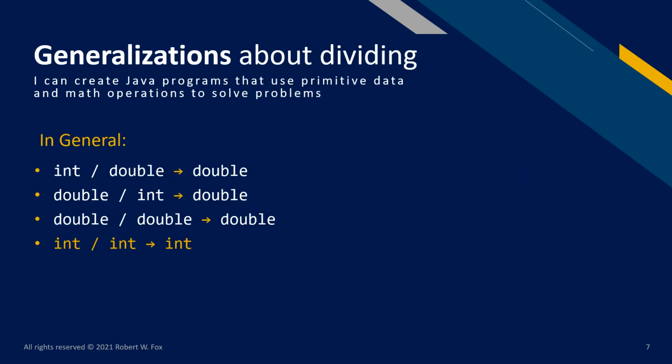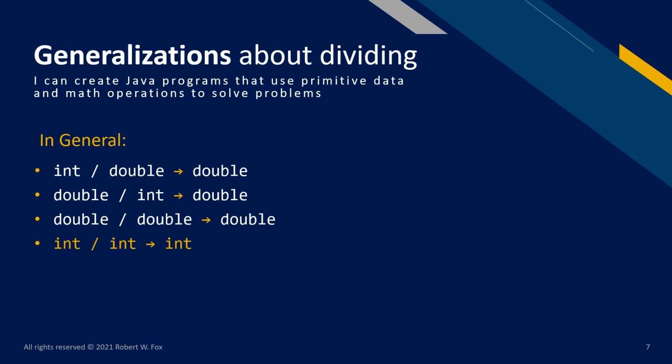When Java encounters a division problem, it has to decide whether or not to produce a decimal in the answer. And in general, if we do an int divided by a double, or a double divided by an int, or a double divided by a double, in other words, when we divide, as long as one of the two numbers is a double, we will get a precise decimal answer. Java will produce a double as the output.